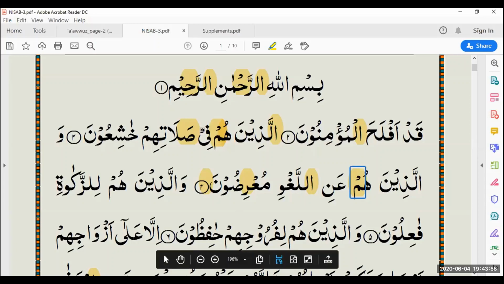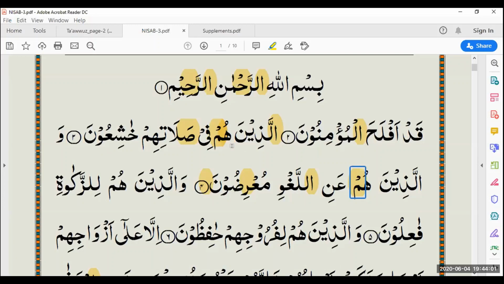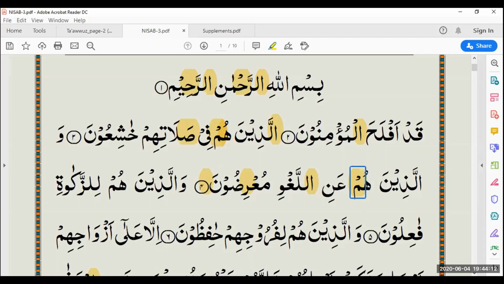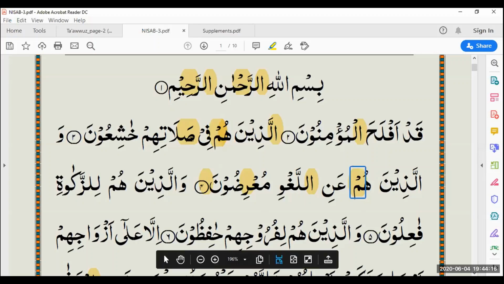Well done. Excellent. So we are going to discuss this rule later on, but I just wanted to remind you here as well because there was a mistake. Okay. So well done. So the other 26 letters that we have they're all called izhar shafavi letters. Okay. Except from ba and meme that I've just told.